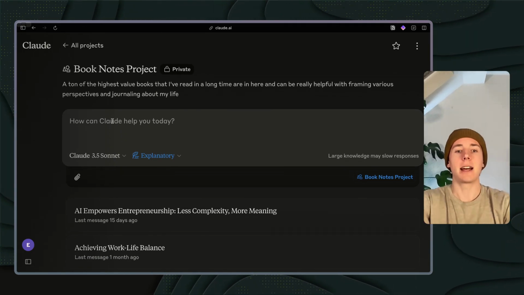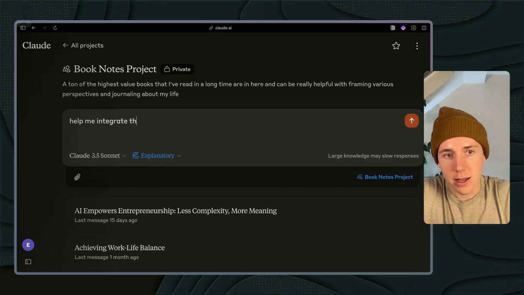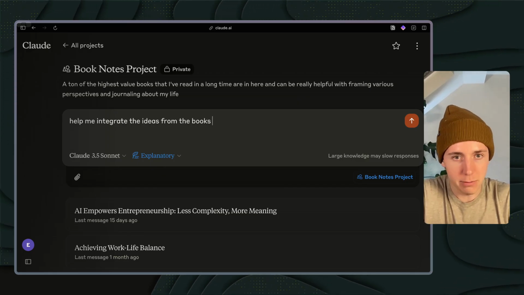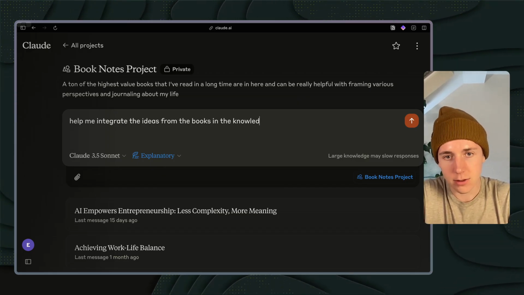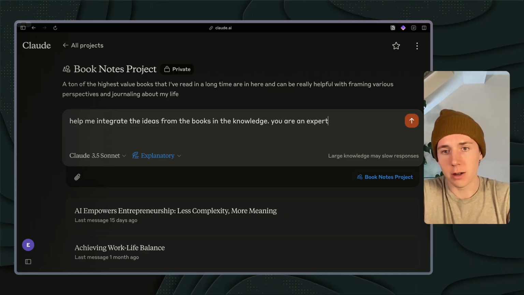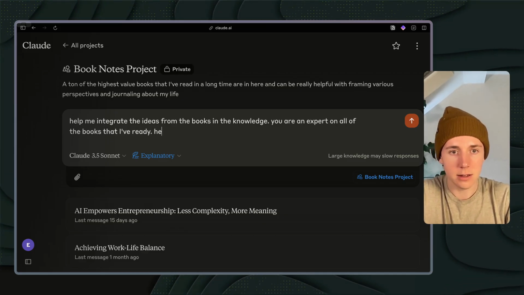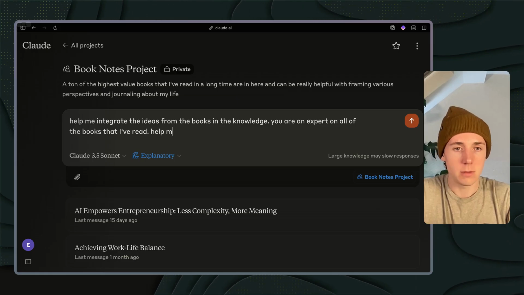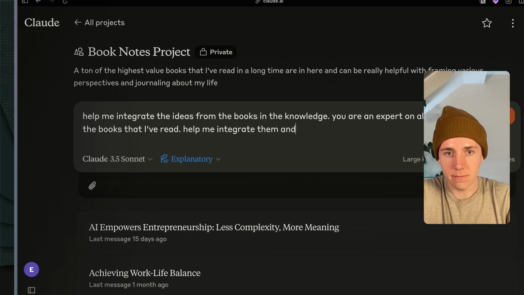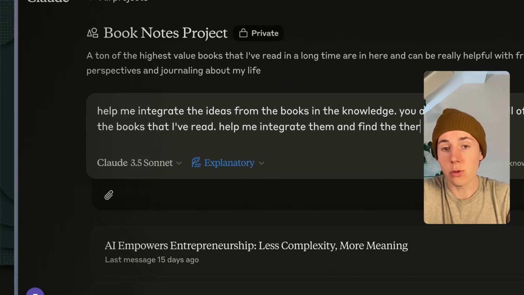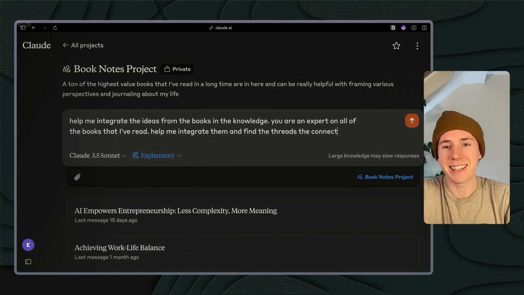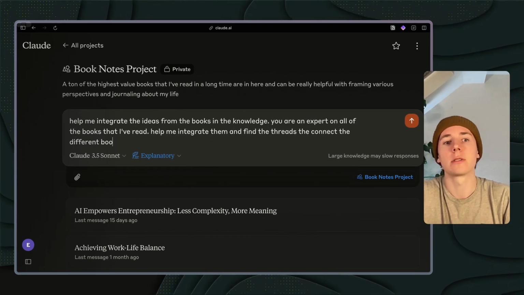And now I can say, help me integrate the ideas from the books in the knowledge base. You are an expert on all of the books that I've read. Help me integrate them and find the threads that connect the different books.